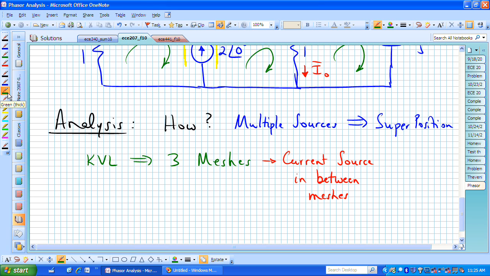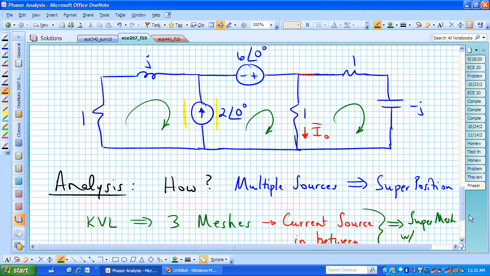And that current source leading to a super mesh, we would have to then write our constraint equation relating the mesh currents and that particular source current of 2.